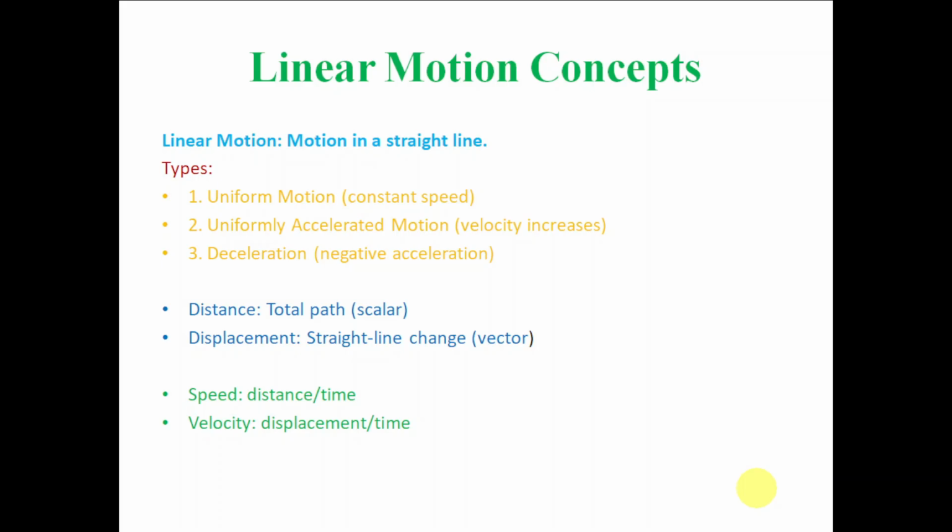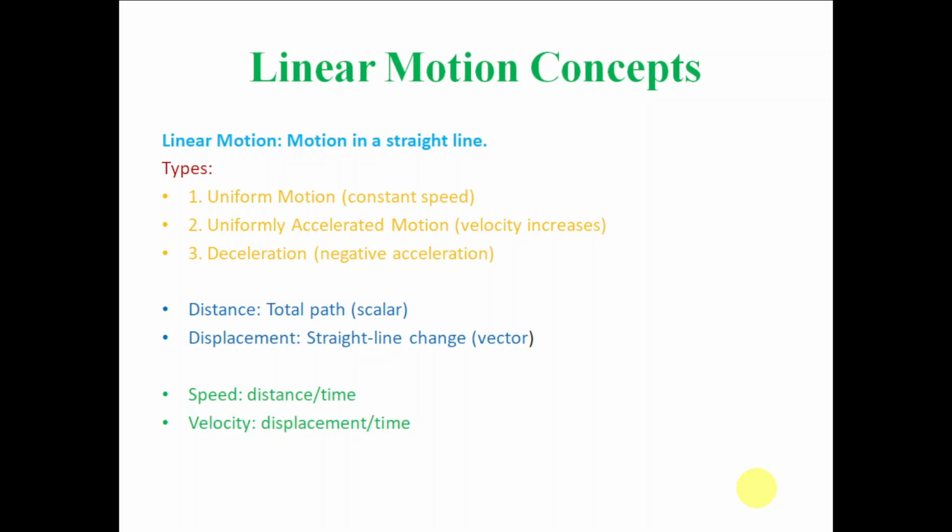That means the direction is changed. Even though the speed is constant, the direction is changed. If the direction is changed, the velocity changes, because velocity is speed plus direction.